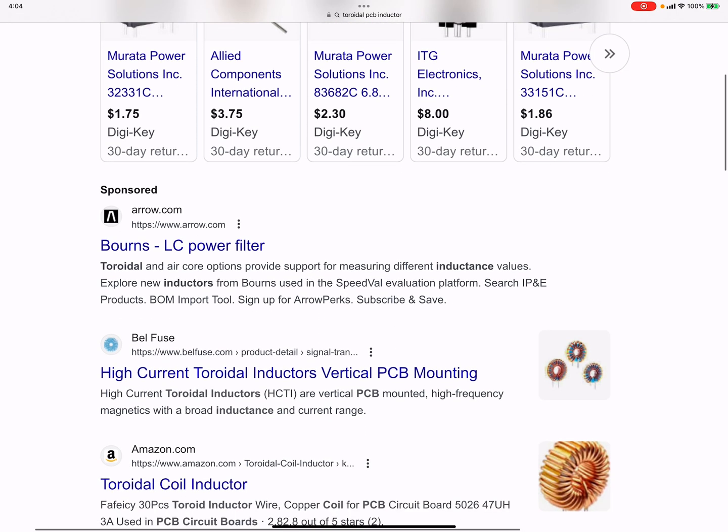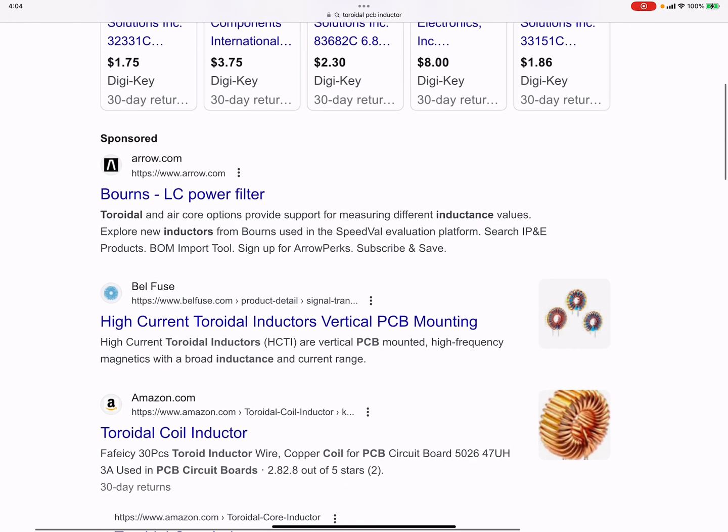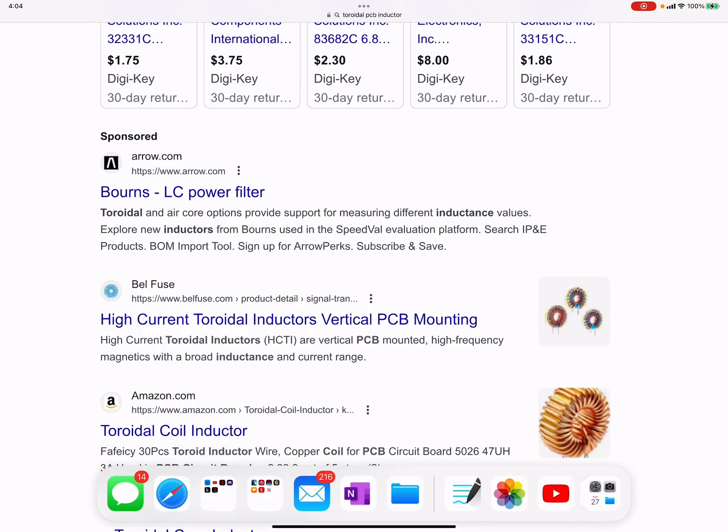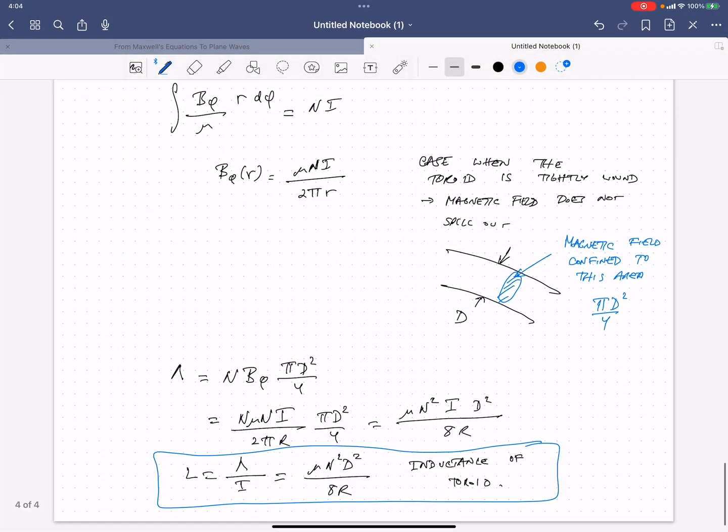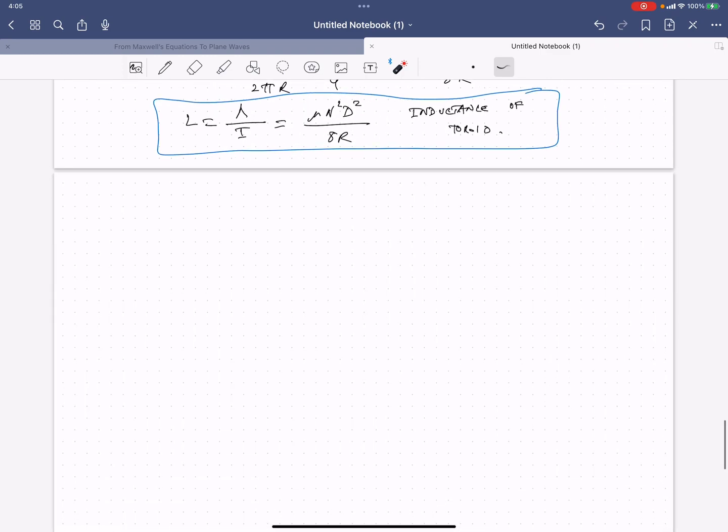You create an inductor by wrapping wire around this structure, and you can design the inductance by controlling the thickness of the toroid, the radius of the toroid, and the number of loops around it. So that's one example of an inductance calculation.